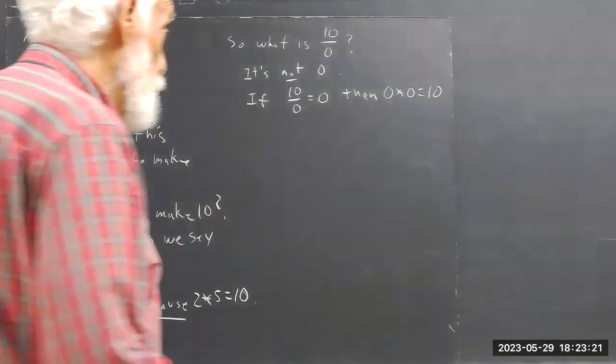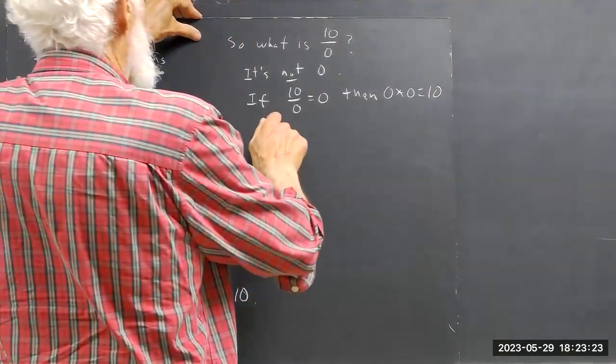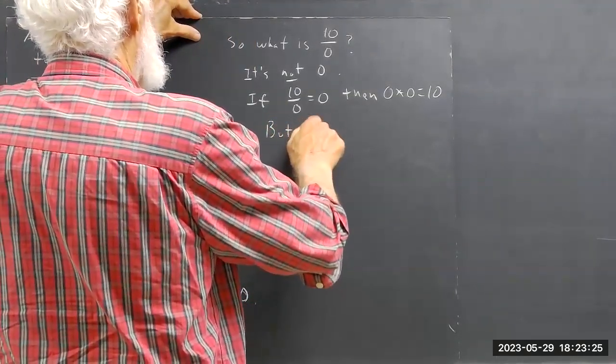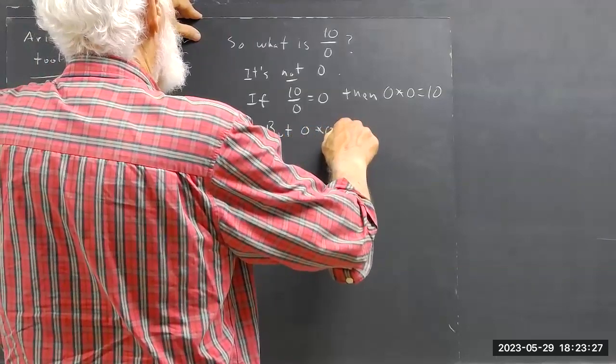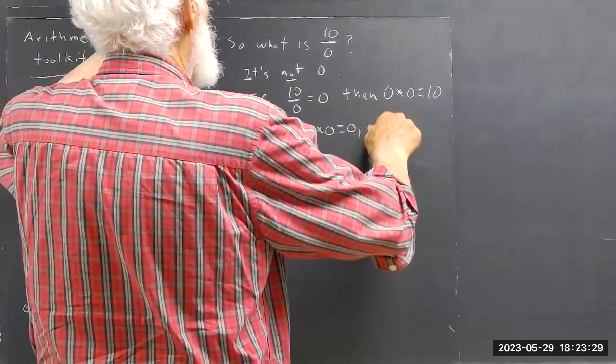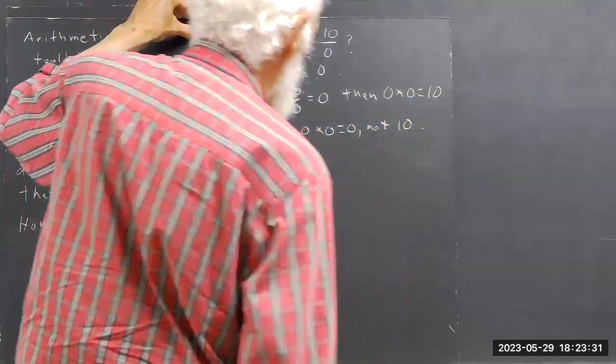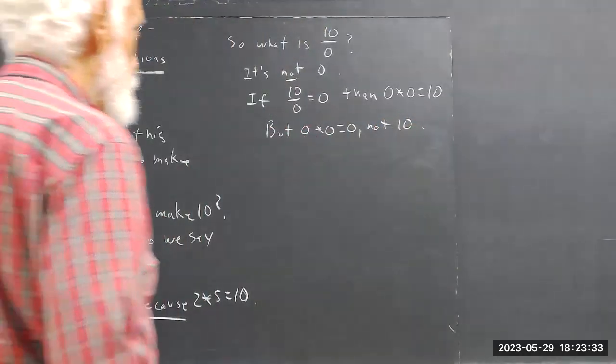Well, 0 times 0 doesn't equal 10. Zero times 0 is 0, not 10.